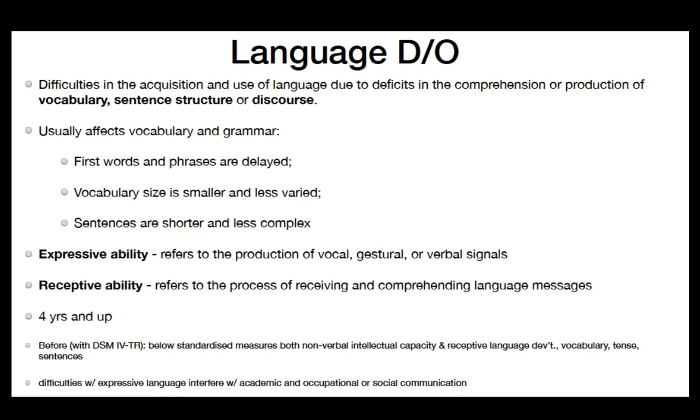Usually we would notice that the deficits likely affect the person's vocabulary and grammar, meaning the first words and phrases are delayed whenever the person is communicating or giving speeches. Vocabulary size is smaller and less varied, meaning the person is just utilizing simple words, and sentences are likely shorter and less complex.